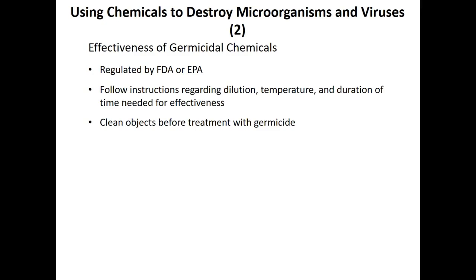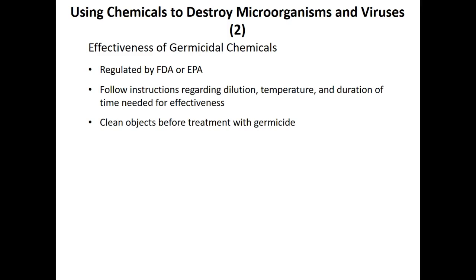When we consider the effectiveness of these germicidal agents, they're regulated by potentially two different government agencies: the Food and Drug Administration, or the FDA, along with the Environmental Protection Agency, or EPA. You definitely, as it says here, should follow instructions regarding things like dilution of these various germicidal chemicals, as well as the temperature and duration needed for effectiveness.